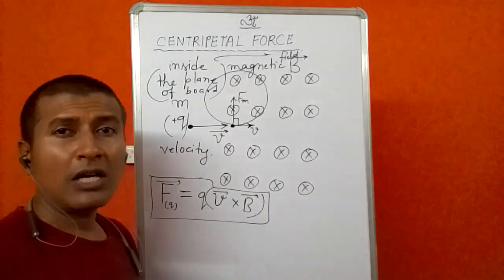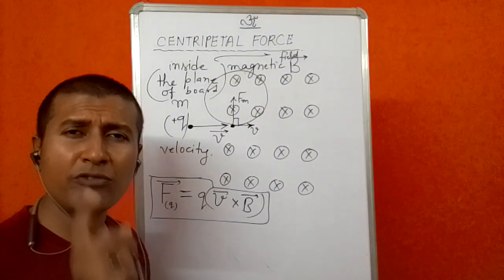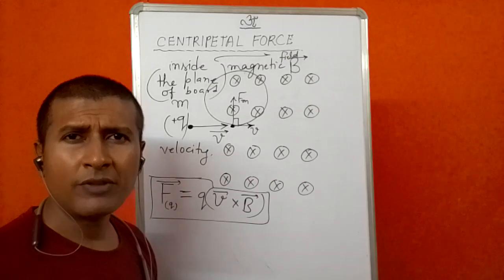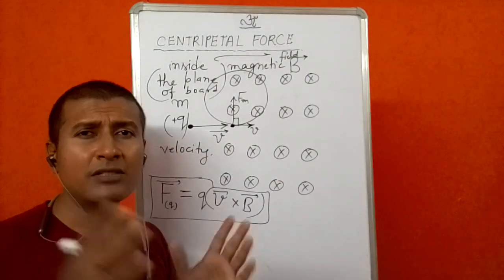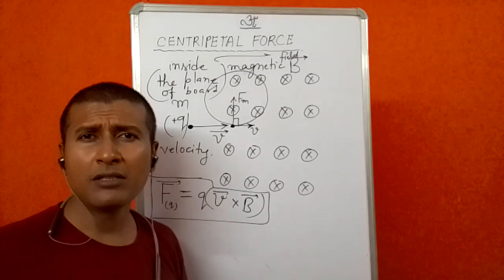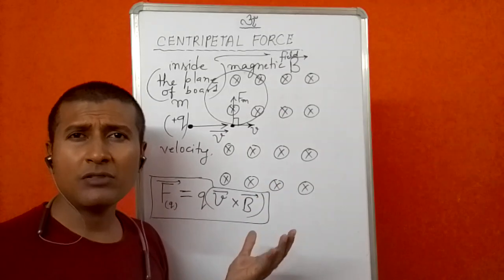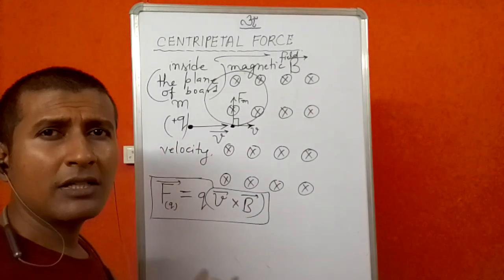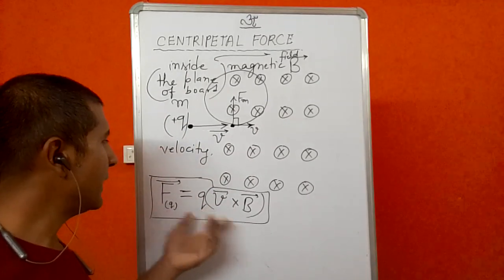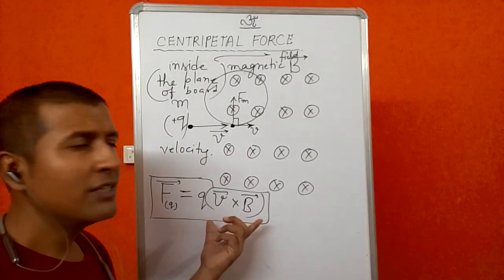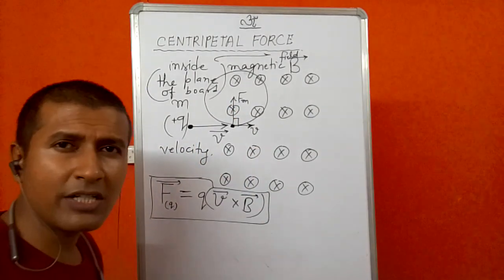Now the concept says when somebody is revolving around a particular point, performing a uniform circular motion, there must be a centripetal force, and a centripetal force is generated by something, right? Now here, how does the centripetal force get generated? It is generated by the magnetic force, right? So you need to equate this magnetic force to the centripetal force, which we have studied.